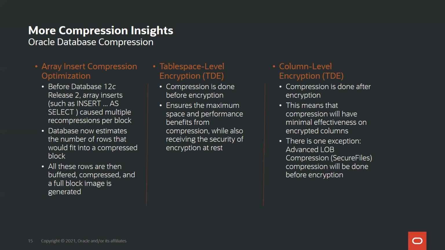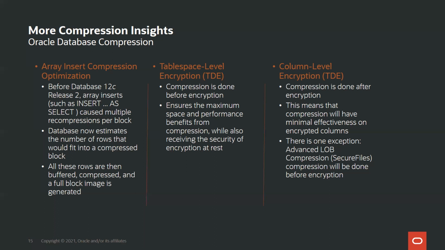Additionally, our compression works very well with Transparent Data Encryption from Oracle. The thing to keep in mind is that the best way to implement Advanced Compression and TDE together is at the tablespace level, because the compression is done before the encryption, which means you get the maximum benefit of the compression before the encryption.